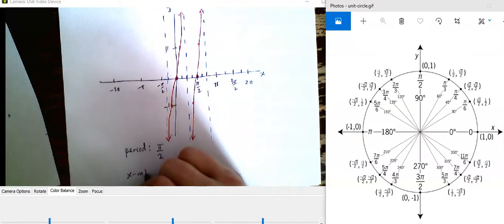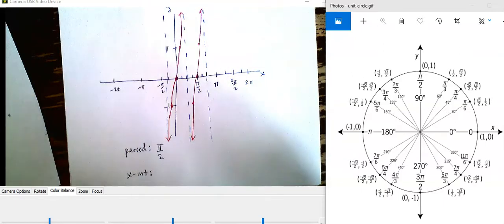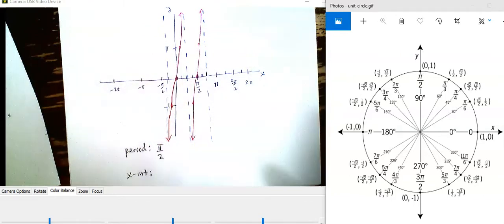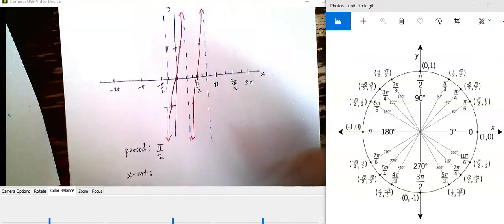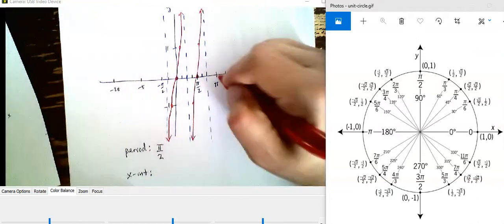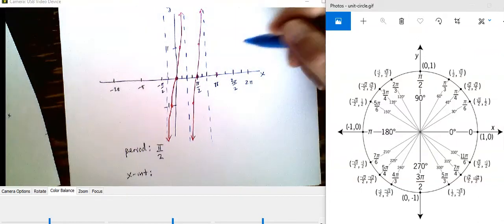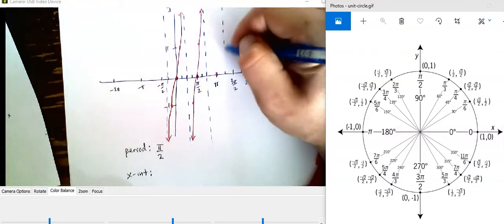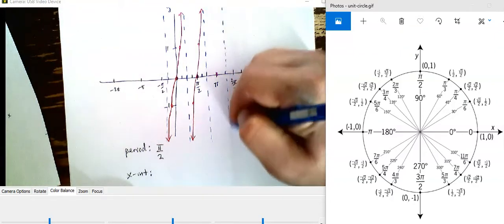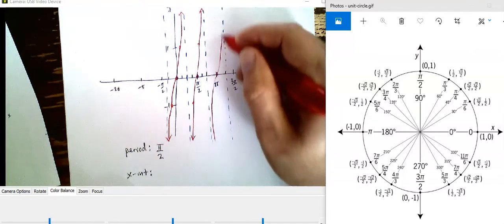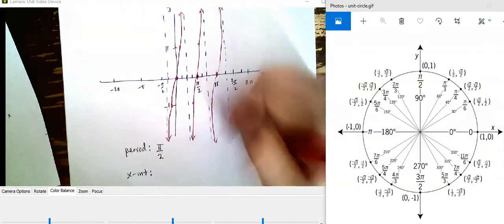The X-intercepts happen at 0, pi over 2, and the next one would be at pi. So we'd have another value there, another asymptote here, and a corresponding curve there.